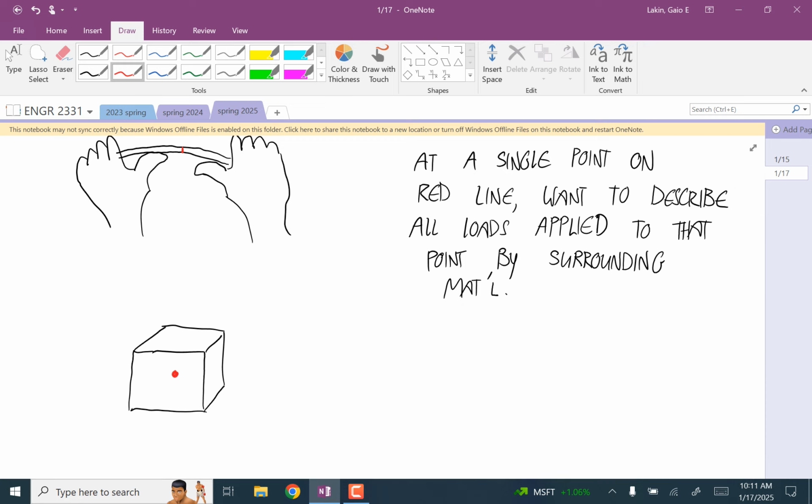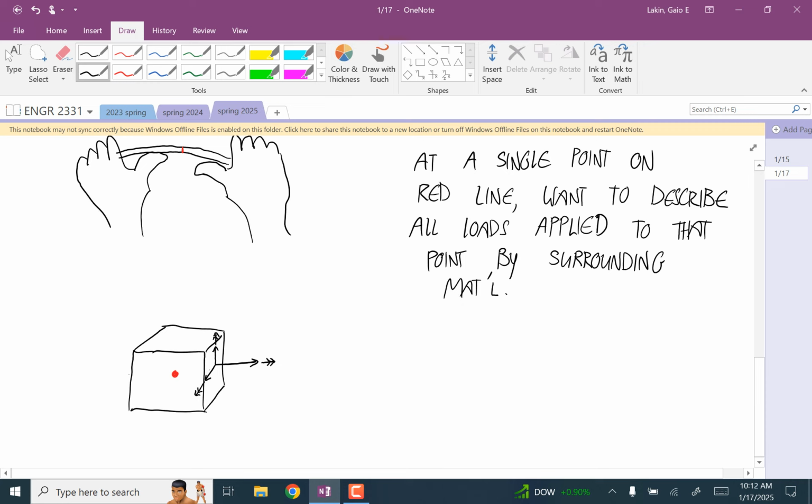Okay, so what would that look like? Well, on each face, there's going to be a force vector and there's also going to be a couple vector. Are you with me on that?